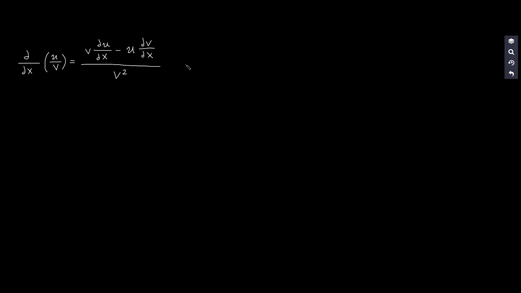All right, so suppose that we change x to x plus the change in x. We know that u and v will also change. u is going to change to u plus the change in u, and v is going to change into v plus the change in v. So that means that u over v is going to change to u plus the change in u over v plus the change in v.